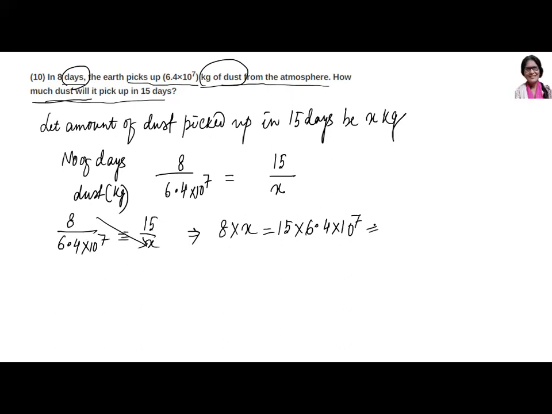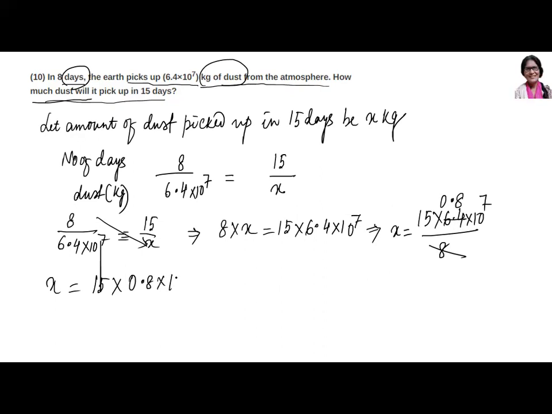Or x is equal to, I'll separate x now. x is equal to 15 multiplied by 6.4 into 10 to the power 7 upon 8. So how will I do? 6.4 divided by 8, I'll get 0.8. Then x is equal to 15 into 0.8 multiplied by 10 to the power 7. 15 multiplied by 0.8 gives you 12. So this will be 12 into 10 to the power 7 kg.